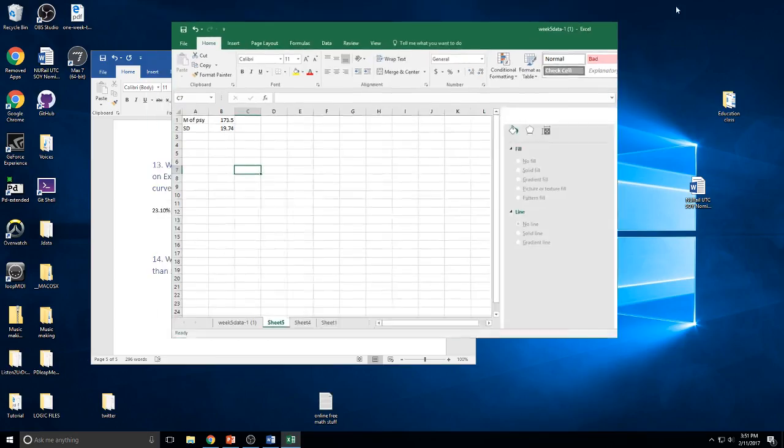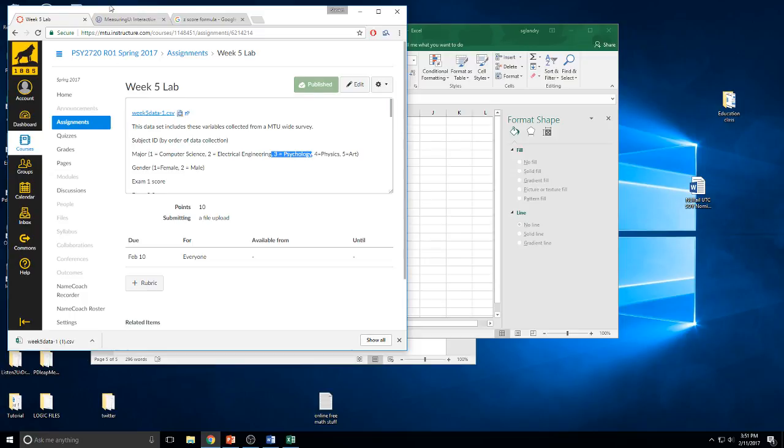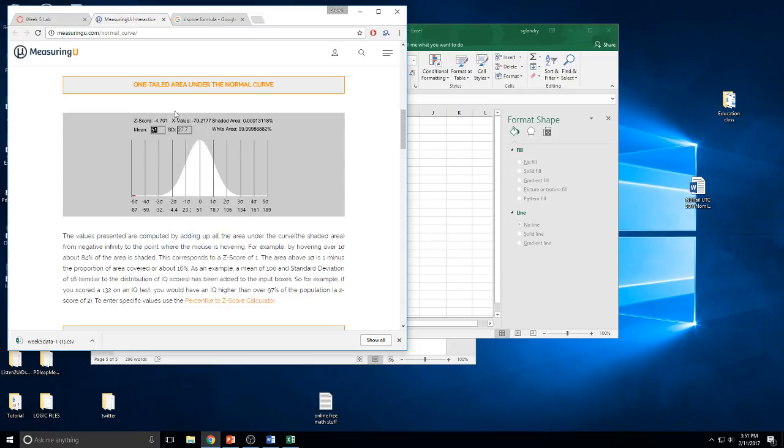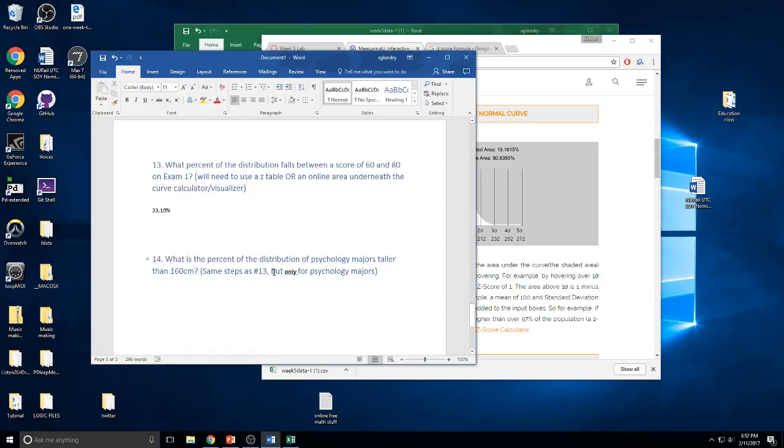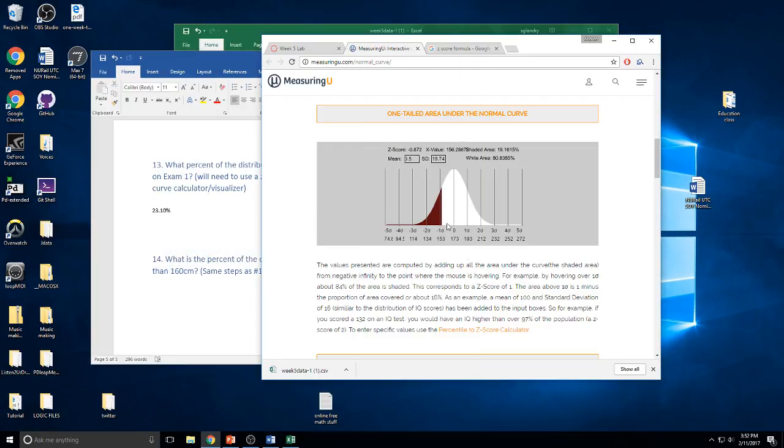So I'm going to go to my calculator. What was my mean? 173.5. And my standard deviation was 19.74. Yep. Alright, and what's the percent of the distribution of the psychology majors that are taller than 160?